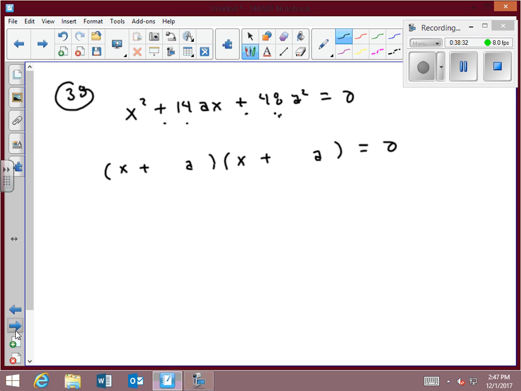What did you say? 6 and 8. Does it make any difference where I put the 6 and 8? No. 6 and 8. So then I apply my principle. So x equals negative 6a, or x equals negative 8a.